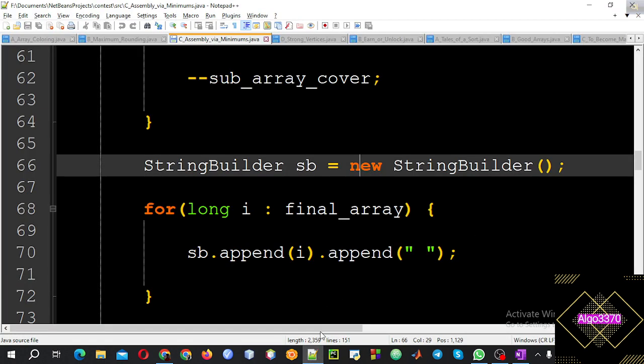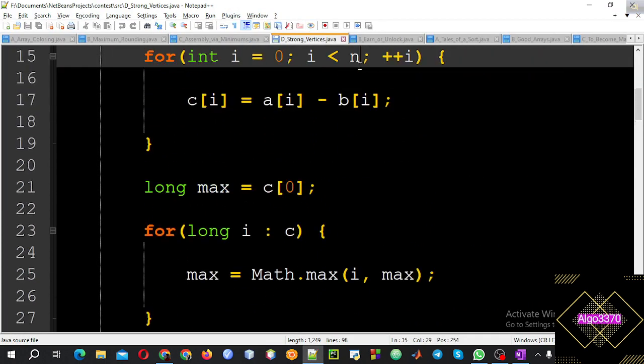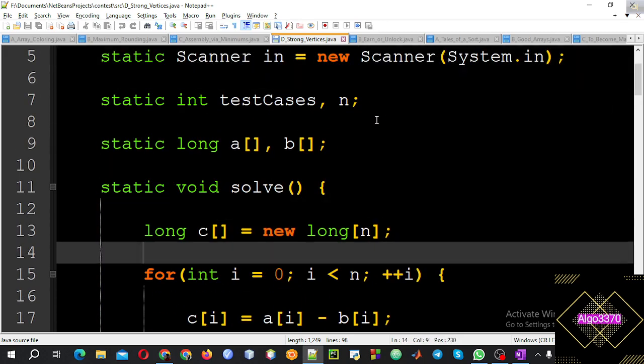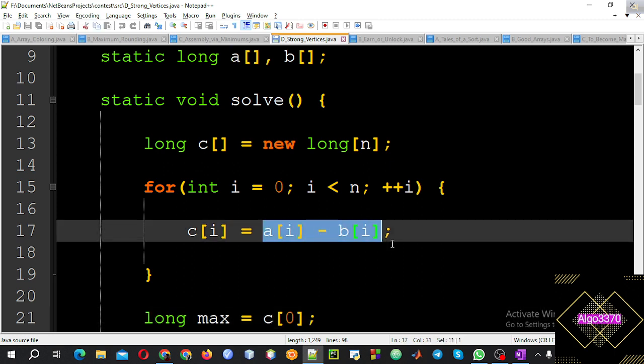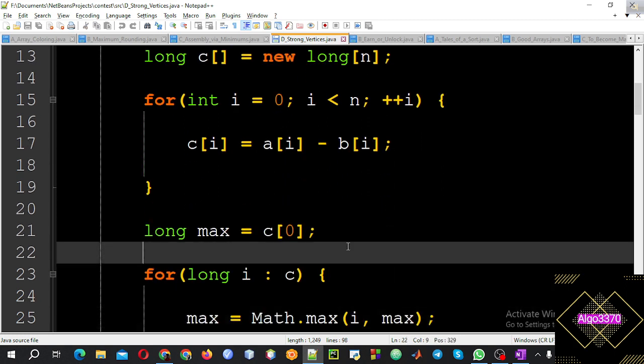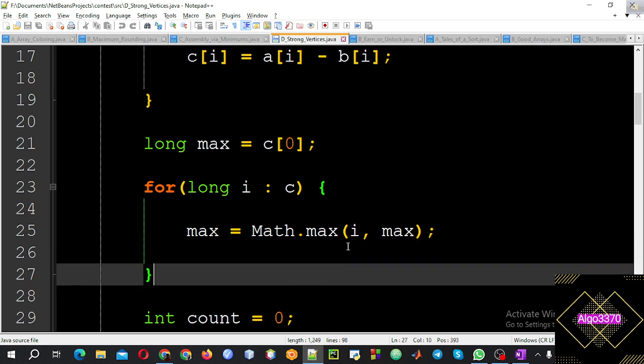So the solution is very straightforward. Let's jump to the solution. First we will create another array C of length n, which will carry the differences of all the numbers A I and B I from 1 to n, and count the maximum element of C, which is the ideal vertex that can connect with all other remaining vertices.